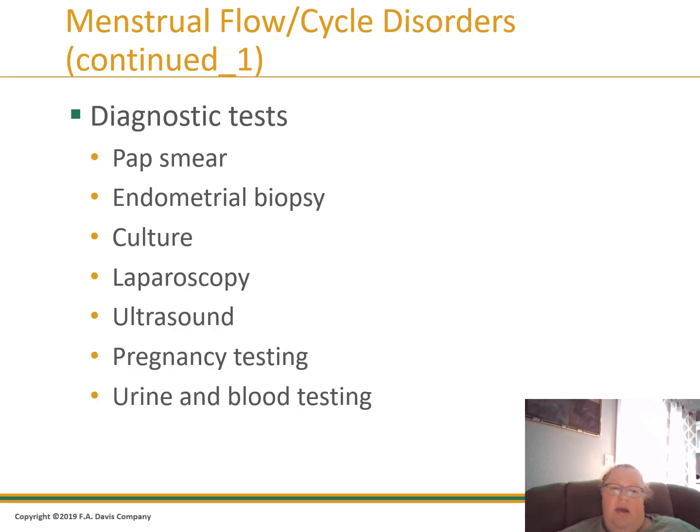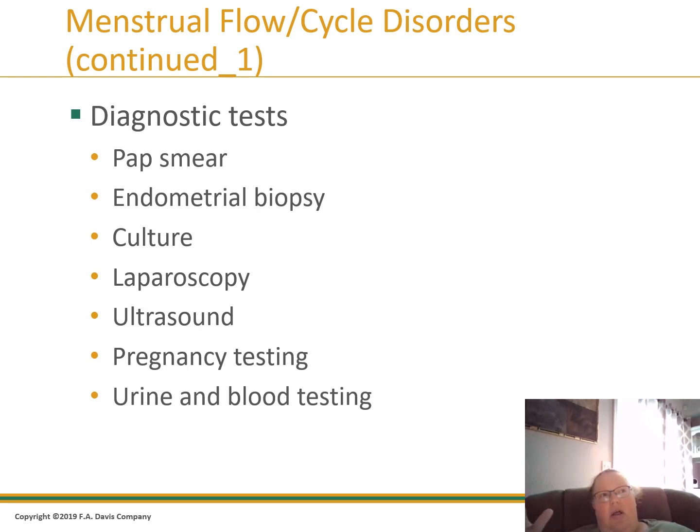So you have to diagnose an abnormal menstrual cycle. Of course, you're going to do a pap smear because we're going to rule out any possible indications that there's a different problem that is performing as a menstrual cycle, but is not necessarily so. An endometrial biopsy is done because we suspect that you might have endometriosis, which is when the inside wall of the uterus is growing on the outside wall.